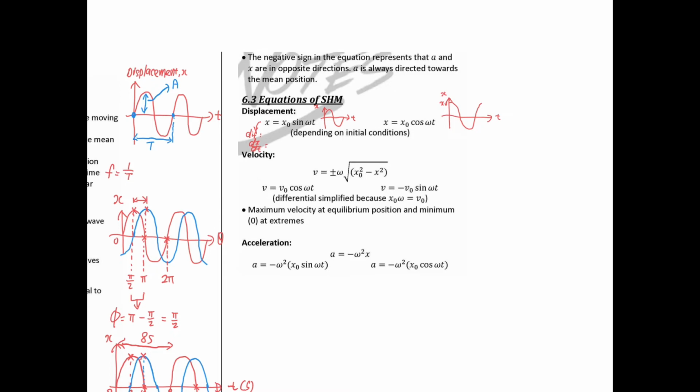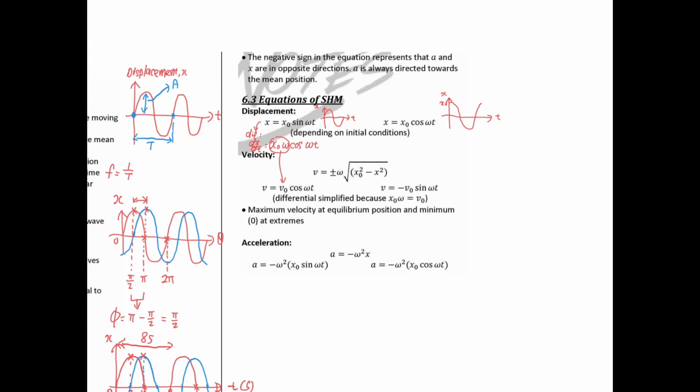So when you get omega, then we write it as x naught omega. Then differentiation of sine is cos. Then omega t we write back. So after differentiation, it becomes x naught omega cos omega t. After that, this x naught omega is actually the maximum velocity. x naught omega is the maximum velocity.